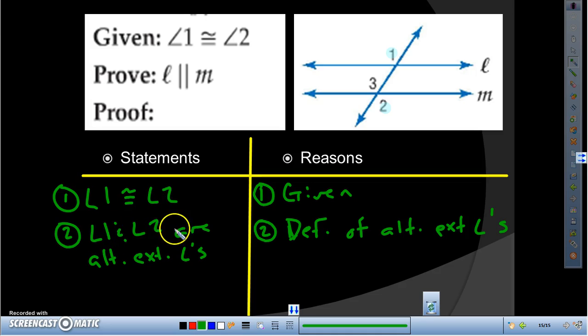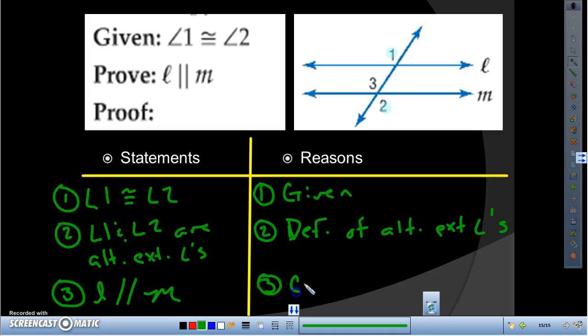These are the two statements that we used before, and that was enough then to say that the lines are parallel, and it's enough now to say that the lines are parallel. So if I know that these are congruent, and I know that they are alternate exterior angles, then I can say line L is parallel to line M. And what allows me to say this is the same thing that allowed me to say it before. It's just in a different format now.